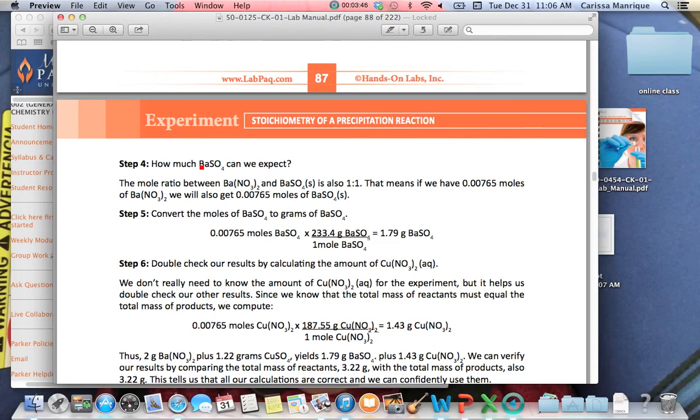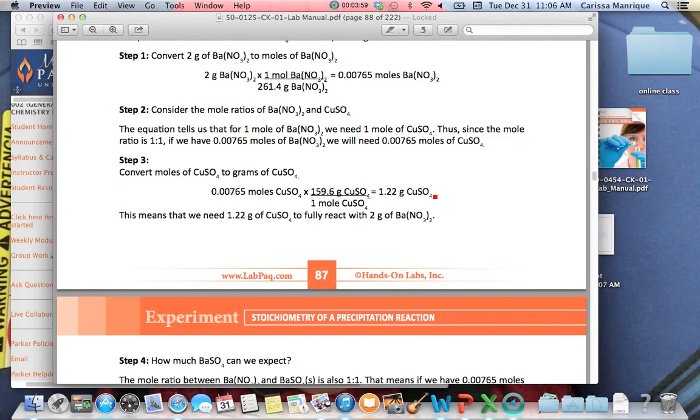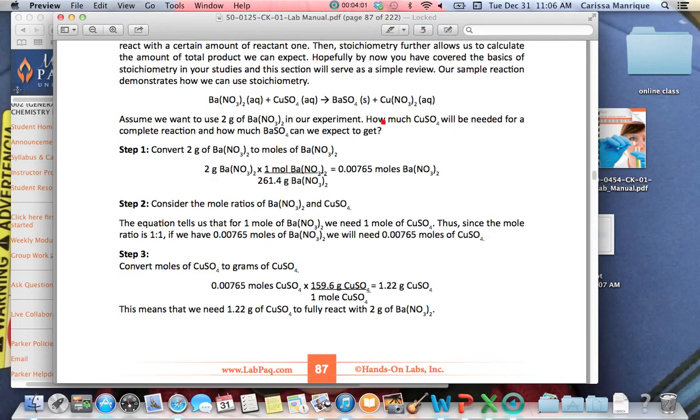You convert your barium nitrate grams first into moles, which is 0.00765 moles, and then convert that into moles of barium sulfate. So basically we're going to go grams of barium nitrate, remember our flow chart, to moles of barium nitrate to moles of barium sulfate. And to do that, you're going to use molecular weight and a mole-to-mole ratio.